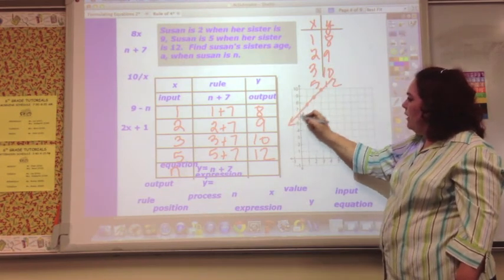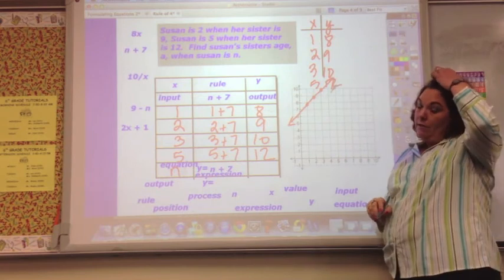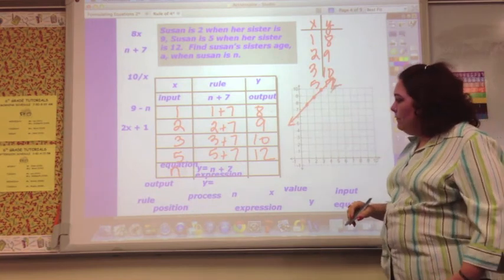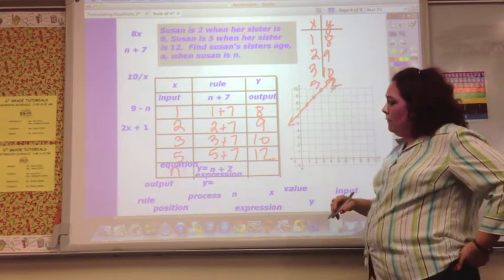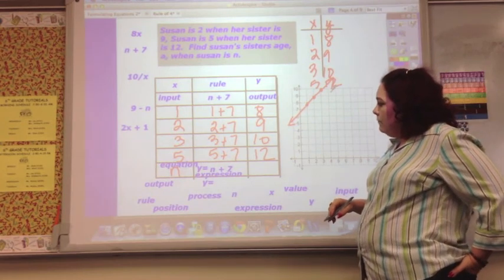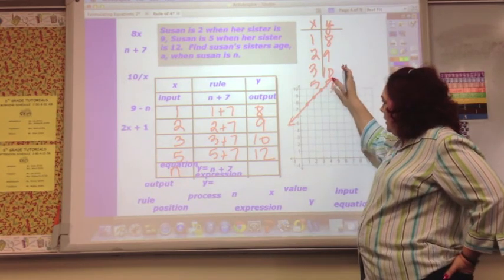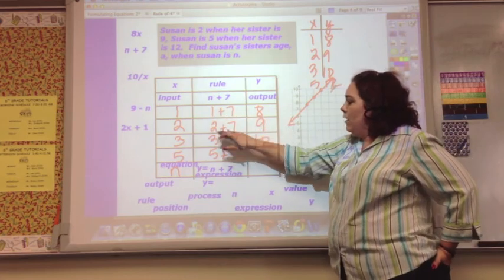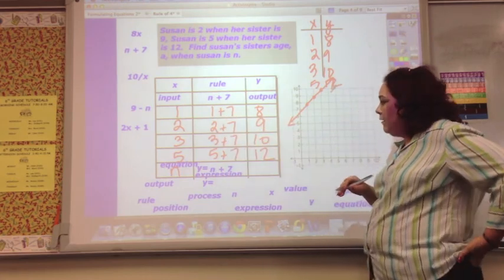So it's this line right here. So that gives you what's going on, and it's just based on doing the math here.